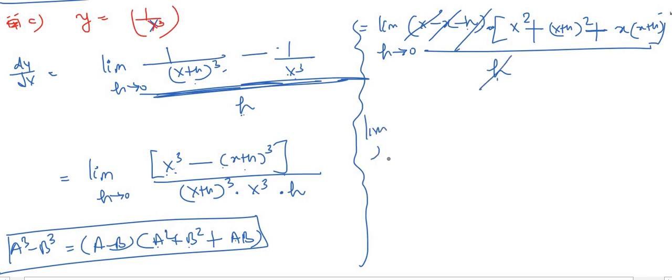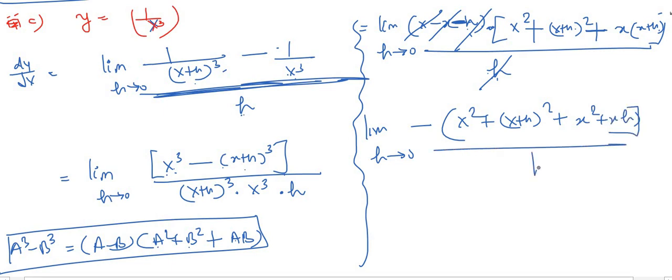So what I am getting now is minus of, see this minus sign is still there, only h is cancelled, x square plus x plus h square plus x square plus xh, bracket one, and below is just 1, correct? Now let me put h and check the answer. h is 0, correct? So let me put h as 0.